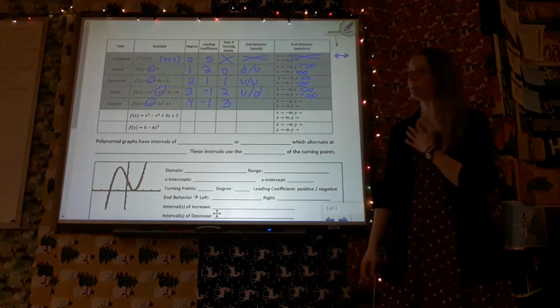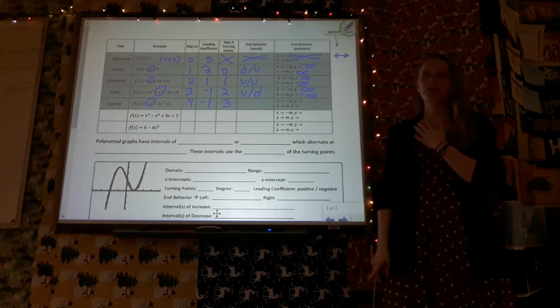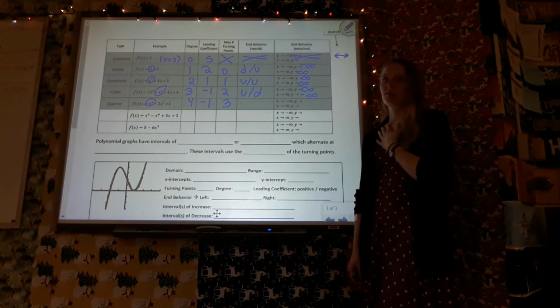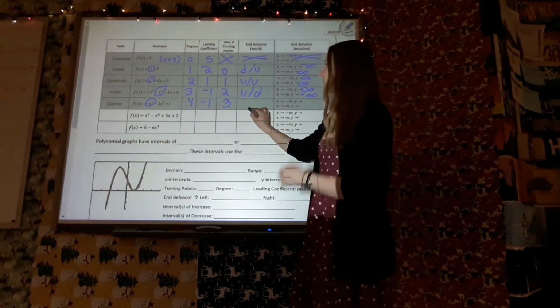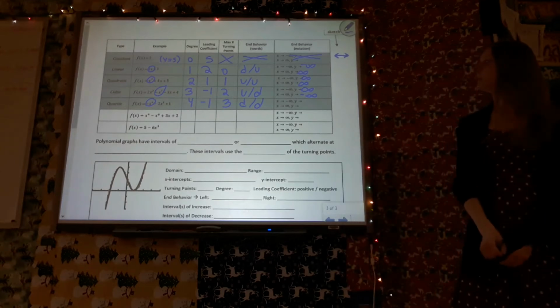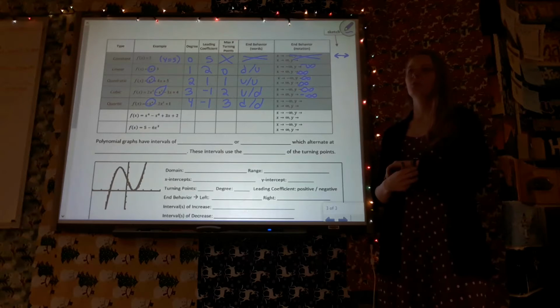Yep, you're right. 1 less than the degree would be 3. And then our end behavior. Our degree is even, 4, which means if it's even, they're the same, and it's negative. Down, down. Alright, so on both sides of the graph, Y is going towards what?